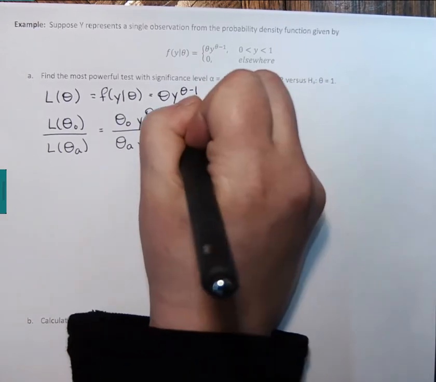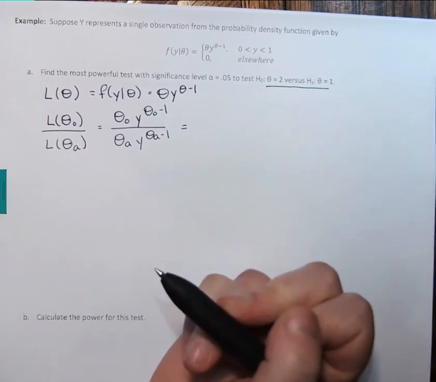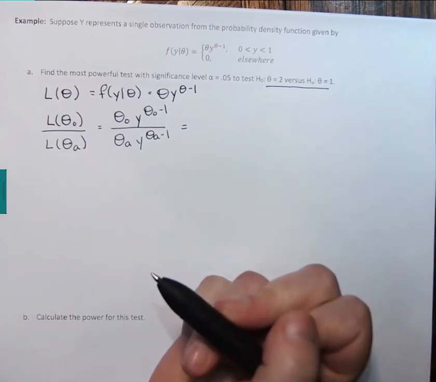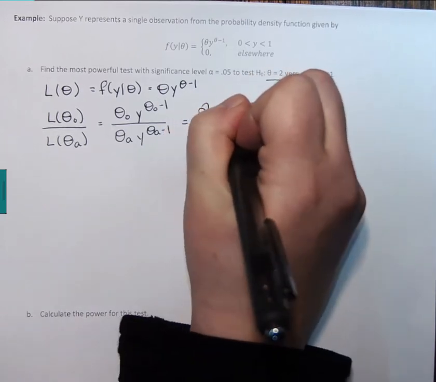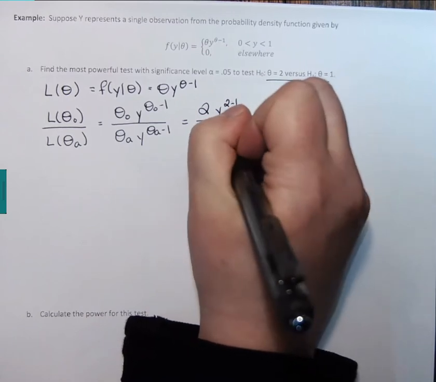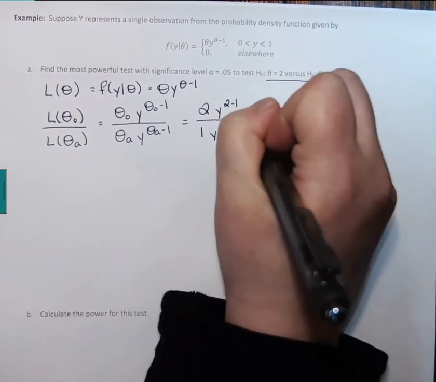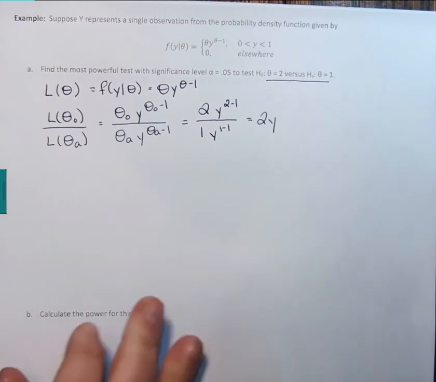Right? And now notice under the null, theta is equal to 2, and under the alternative, theta is equal to 1. So let's plug in those values. Okay.